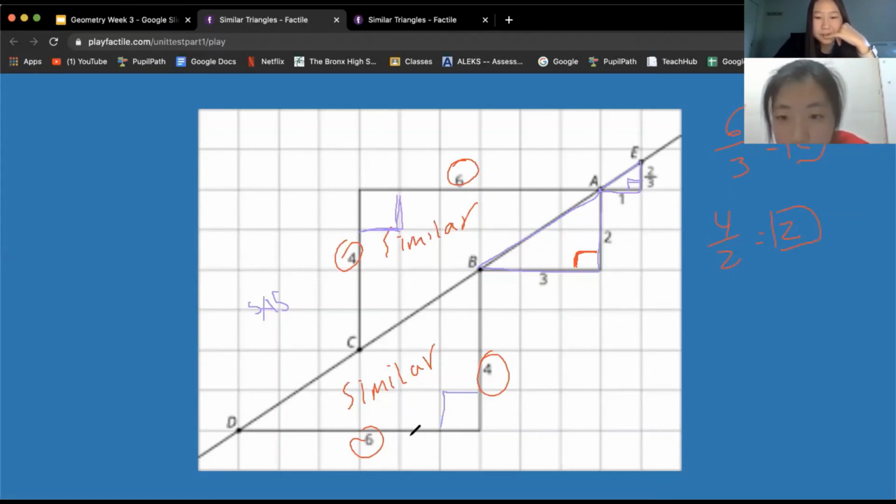And let's see if the little tiny triangle over here is proportional, similar with the rest of them. So it's 6 over 1 equals 6, and 4 over 2/3.